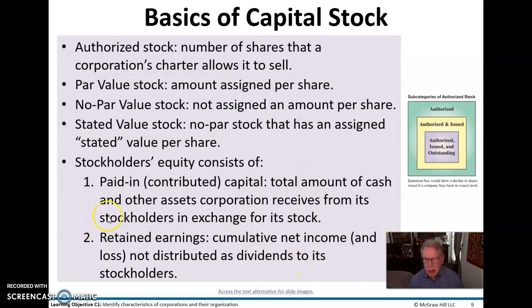I'll tell you honestly, I've only sold stock and given up an asset for it once. Normally it's going to be cash. Retained earnings is the other piece of stockholders' equity, and that's the cumulative net income and loss, if it happens, not distributed as dividends to its stockholders. So that's from the inception of the company.